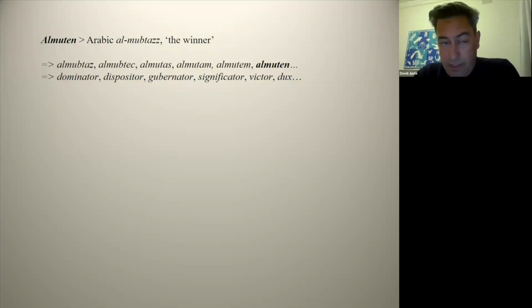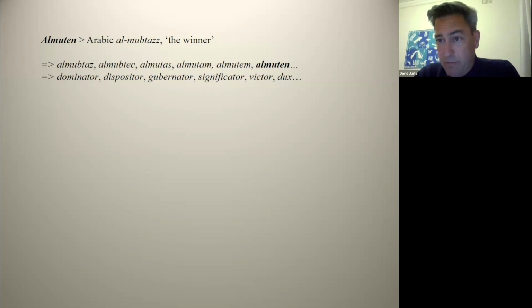This is obviously not Latin. It derives from the Arabic al-muqtaz, meaning the winner. In Latin, you normally find the word as a transliteration: al-muqtaz, al-muqtez, al-mutaz, al-mutam, al-mutem, al-muten.